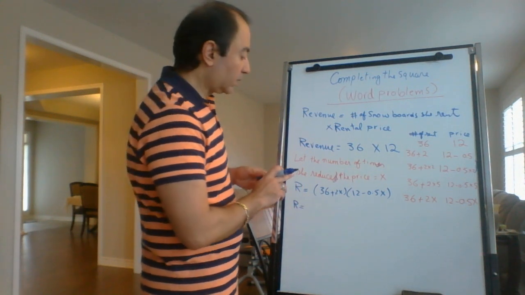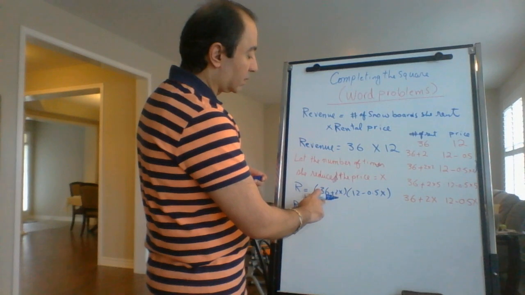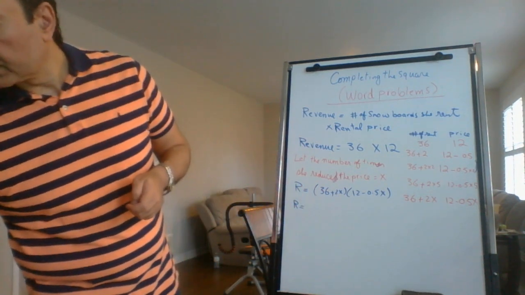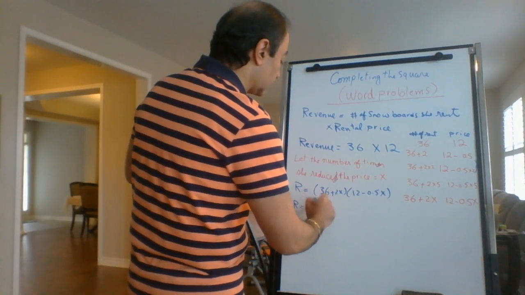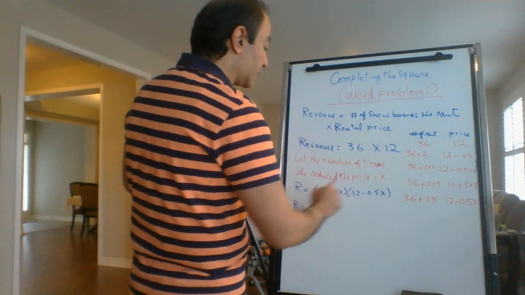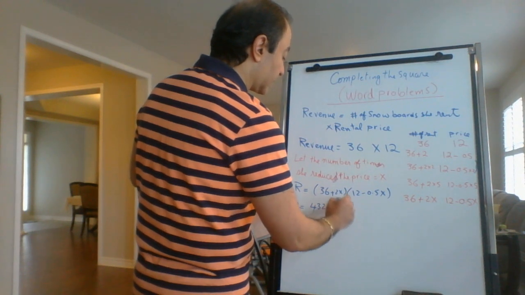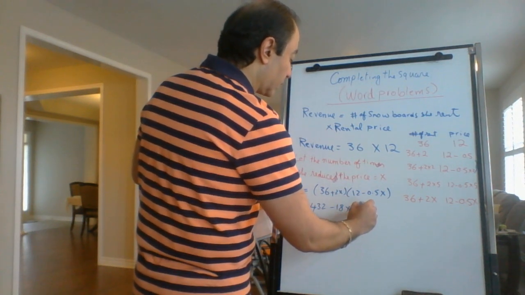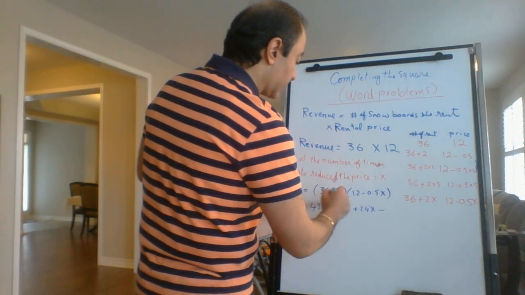I need a calculator, or it's okay. 360 and 72. 36 times negative 0.5x is negative 18x, plus 24x, minus x squared.